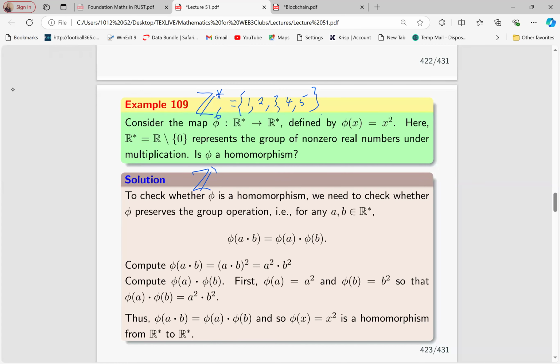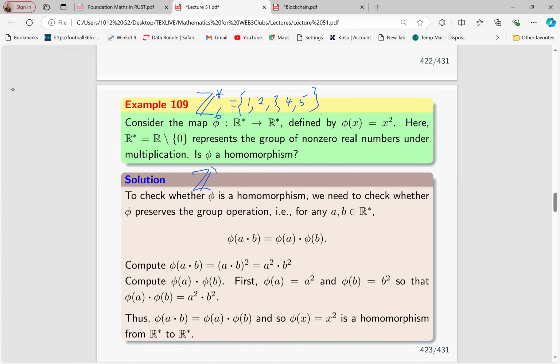For instance, in this case, I've defined Z star to be a group without 0. So when you just remove 0 alone, Z star 6 does not become a group, because some of the elements here would not have inverses.